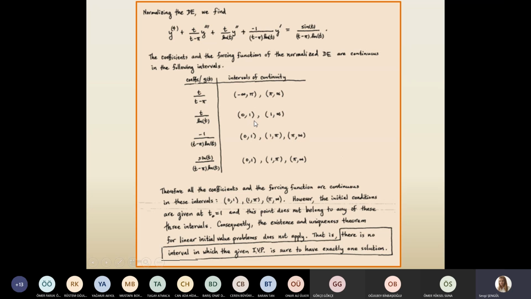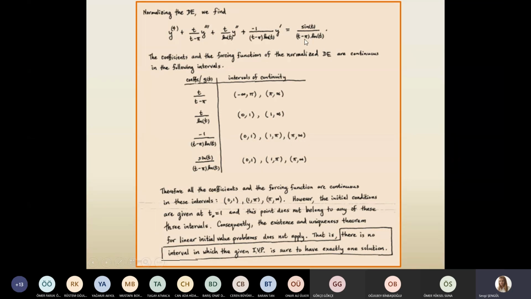That's why it will be 0 to 1, 1 to infinity. And for that one, t cannot be pi, t cannot be 1. That's why I'm taking 1 and pi out of the positive t's, because ln is defined for positive t's. That's why 0 to 1, 1 to infinity, pi to infinity. And for that one, sine is continuous everywhere.